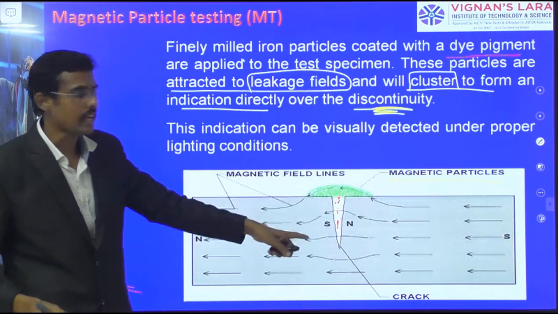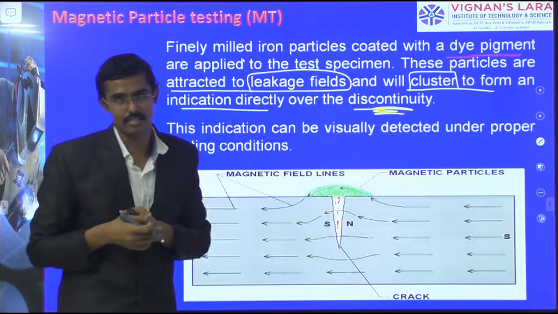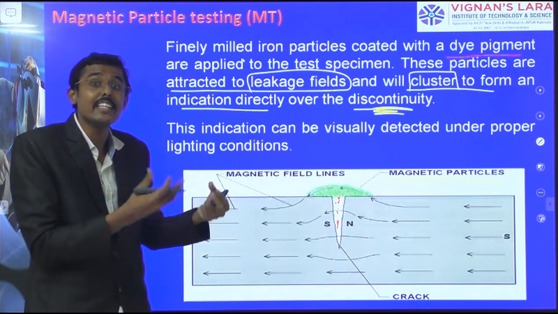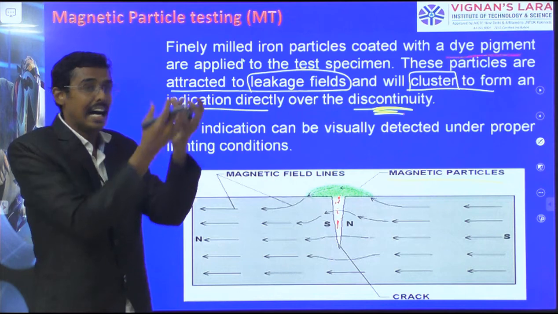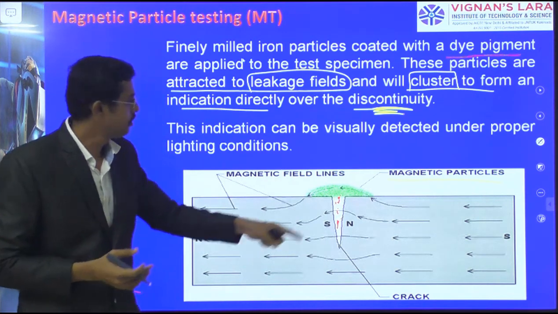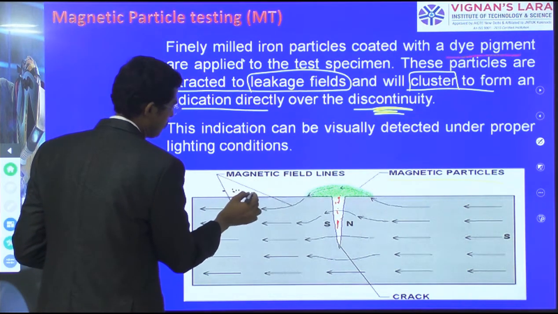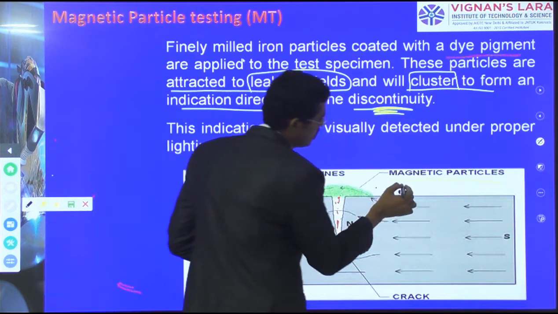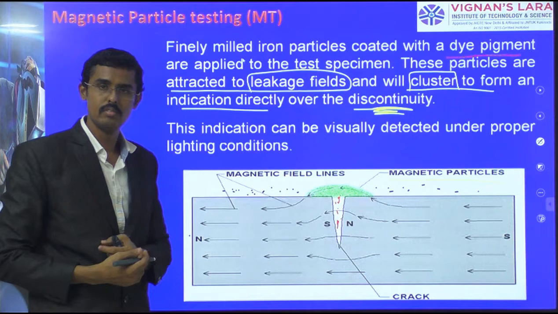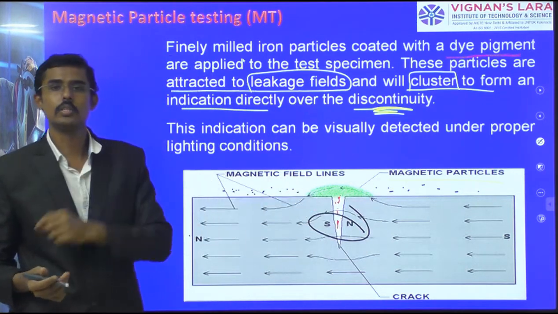When the iron particles are clustered, since I have dye pigment colored iron particles, we can easily find the accumulating point, because there is a leakage of flux. This leakage of flux attracts the magnetic iron particles. I am throwing the iron particles here, but this flux gap will attract more due to the attraction of the north and south poles.